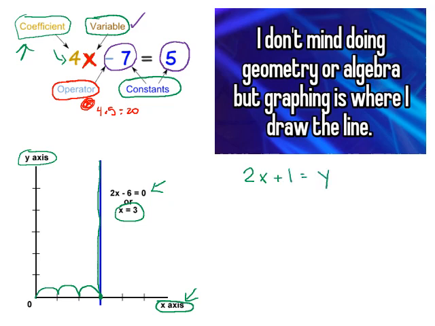Okay, I'll just give you another quick example here. If our equation was 2x plus 1 equals y, I could plug any old value in for x. Let's say, what would happen if I put in a 0? Well, 2 times 0 is 0, plus 1 is 1. So in this case, I'll just make a quick chart over here, my x and y values. If I choose 0 for x, that means y is going to end up being 1.